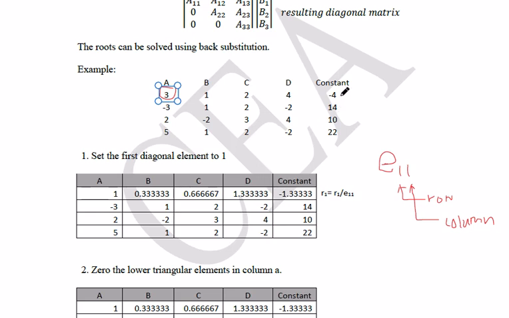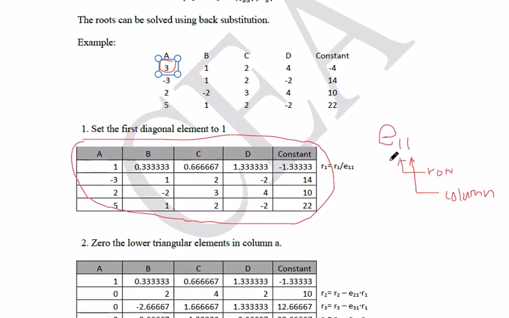And of course, the constant 4 divided by 3 gives us 1.333. So that gives us this matrix here. So that is the first step, to make the first element in the diagonal as 1.